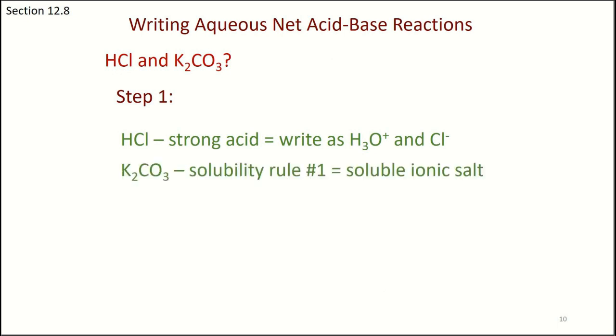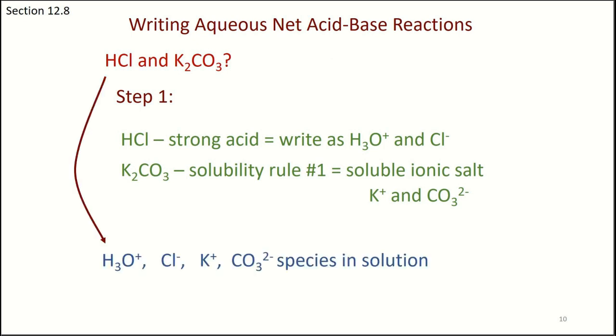Potassium carbonate is a soluble ionic salt, so we will have potassium ions and carbonate ions present in solution. Therefore, we will have the species of hydronium, chloride, potassium ion, and carbonate ion present in solution.